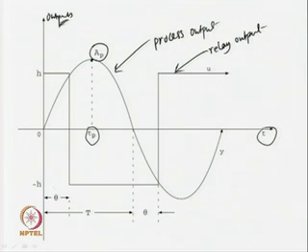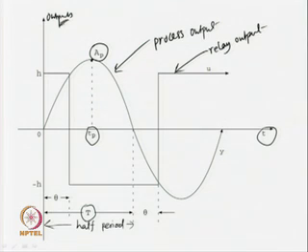When this occurs, the relay setting changes its value after time t equal to theta, and the half period of the output is shown by capital T. So, I will use this variable T for the half period of the output signal.